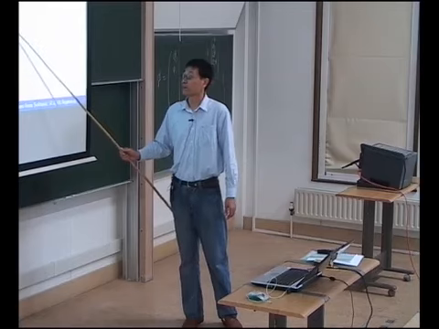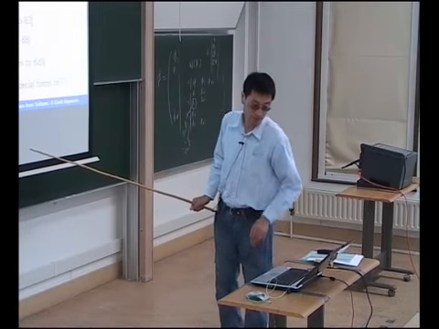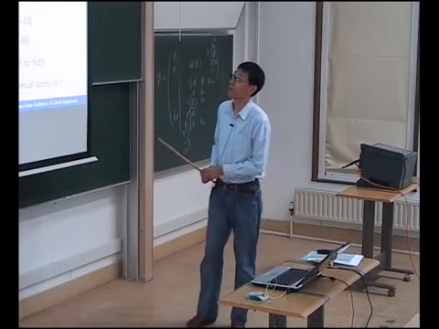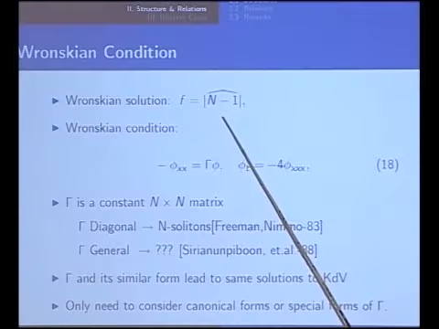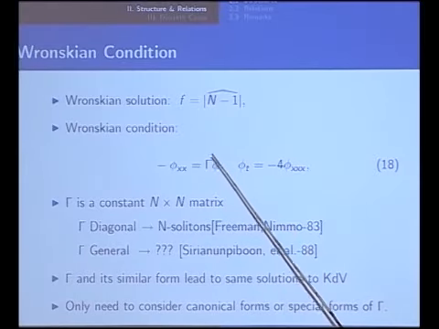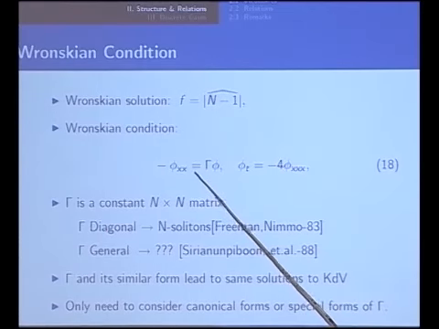Okay, so we take the KdV equation as an example for the structures in Wronski. This is the KdV equation, the transformation, and the bilinear form. And n solitons for bilinear KdV are given by the Wronskian, and we use this shorthand expression.